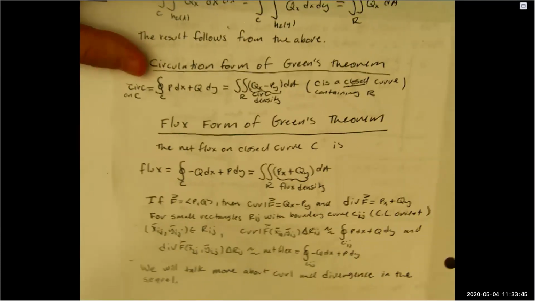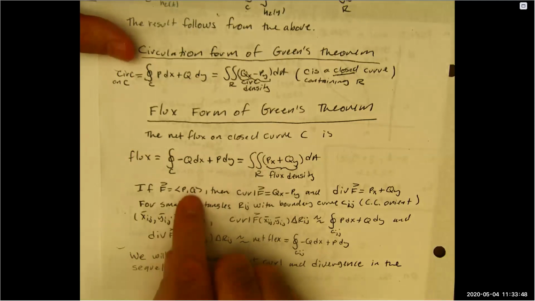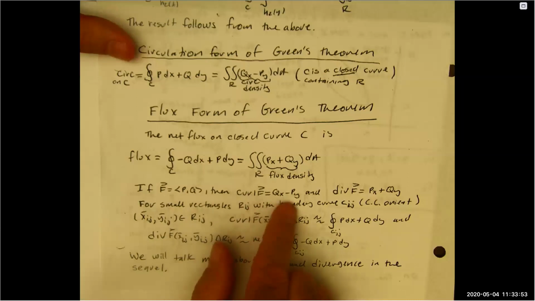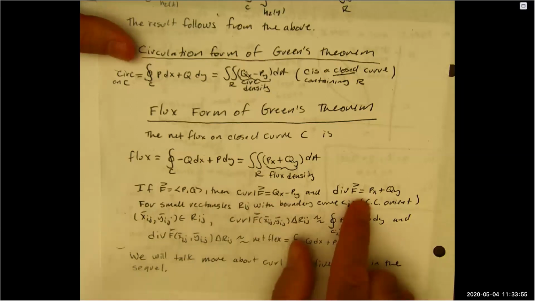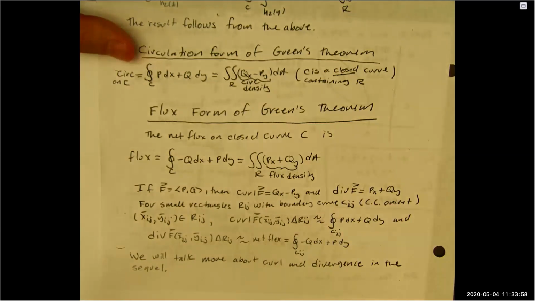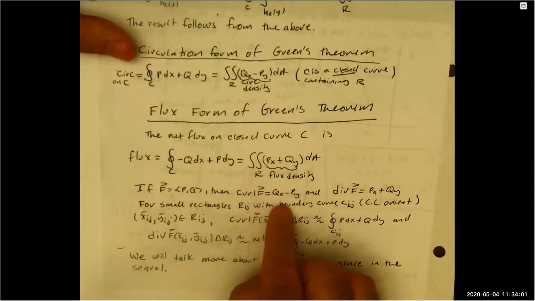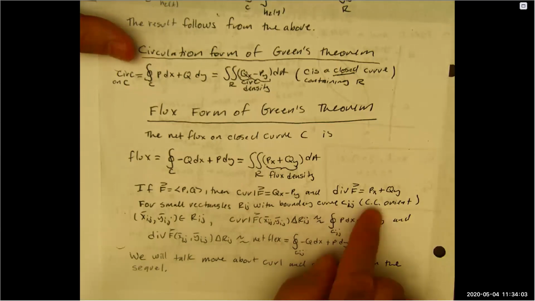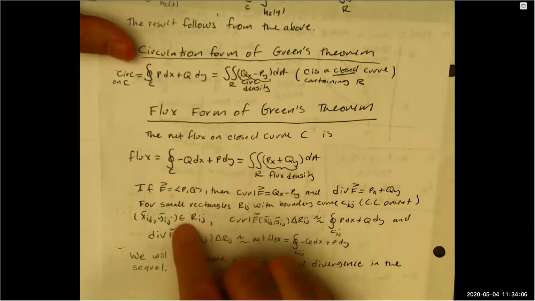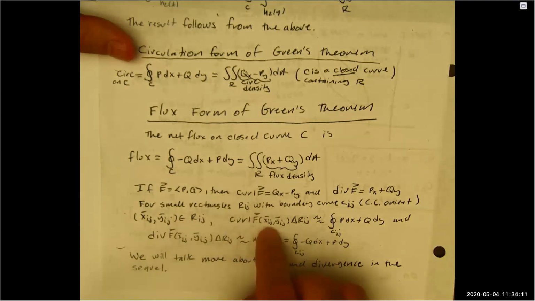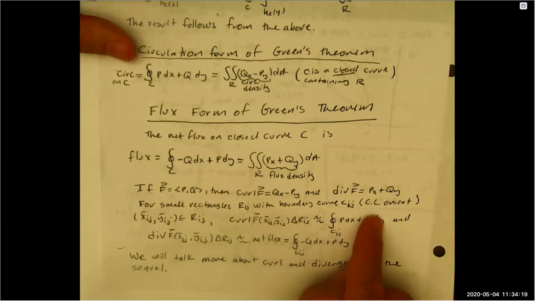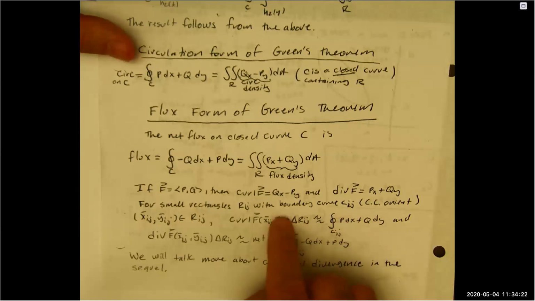And so there are a couple of properties that we'll talk more about later, but I'm going to point out now. If the vector field is F = (P, Q), then the curl of F is equal to Qx minus Py, and the divergence of F is Px plus Qy. So for small rectangles Rij with boundary curve Cij, counterclockwise orientation, if we have a point inside the rectangle, then the curl of F multiplied by the area of your rectangle is equal to the circulation around the boundary of that rectangle.